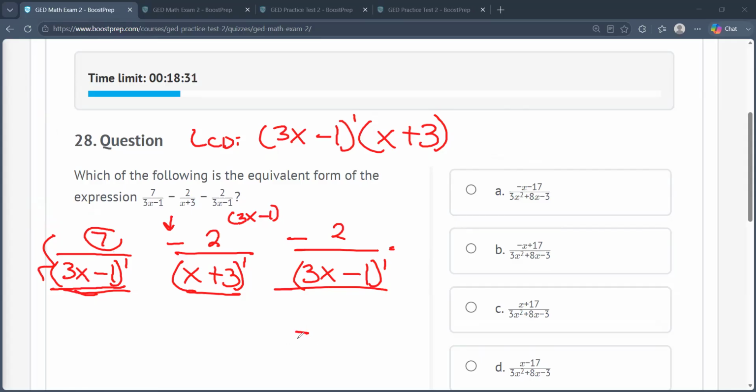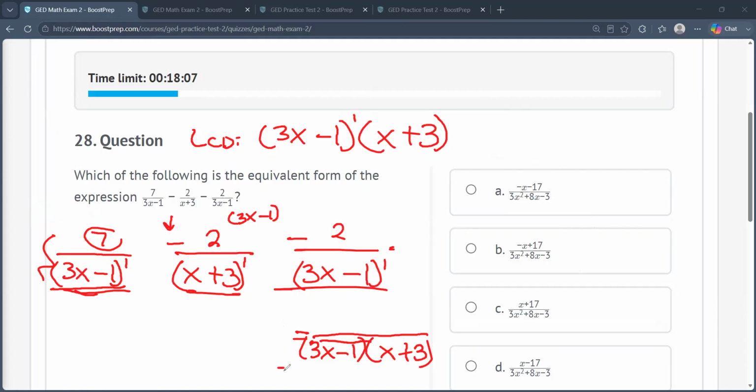So on the bottom, you could just put your LCD, which is parentheses 3x minus 1 times x plus 3. Do not FOIL it out, leave it as it is, because maybe something might cancel or not. Or actually, yes, I think we should FOIL it out because look at the choices on the bottom. They FOIL it out. So let's FOIL the bottom real quick.